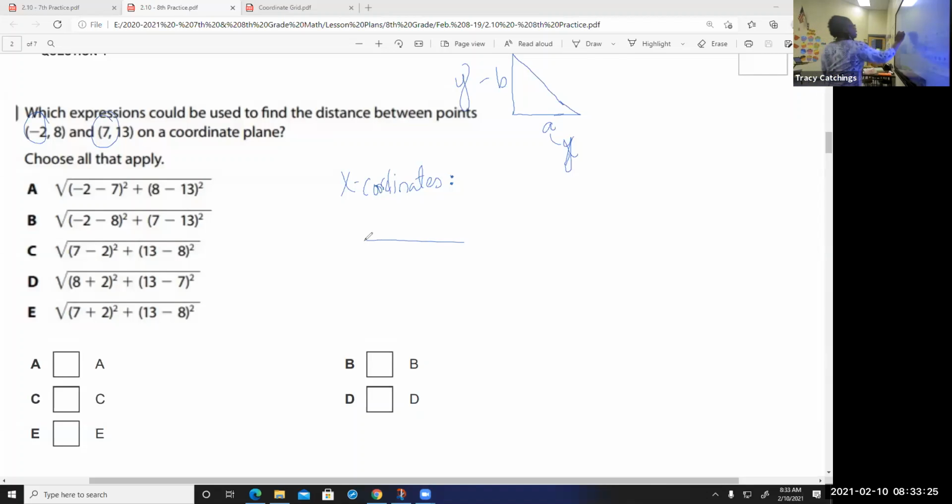So if I was to place -2 and 7 on a line, and I'm trying to find the distance between -2 and 7, how many units would be in between -2 and 7?